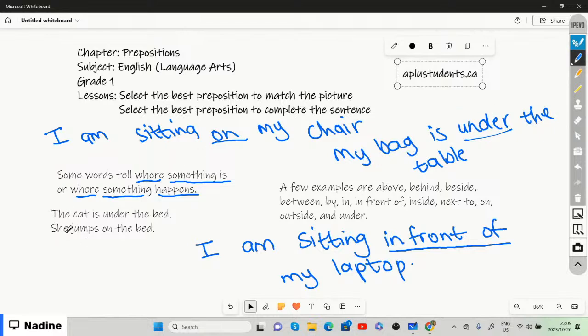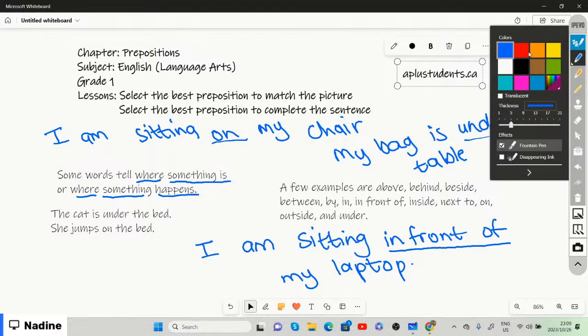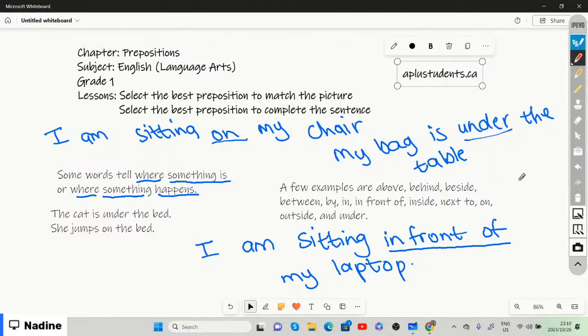So if we look at these two examples, right? The cat is under the bed. If we identify the preposition within that sentence, we can say under is our preposition because it tells us where the cat is.